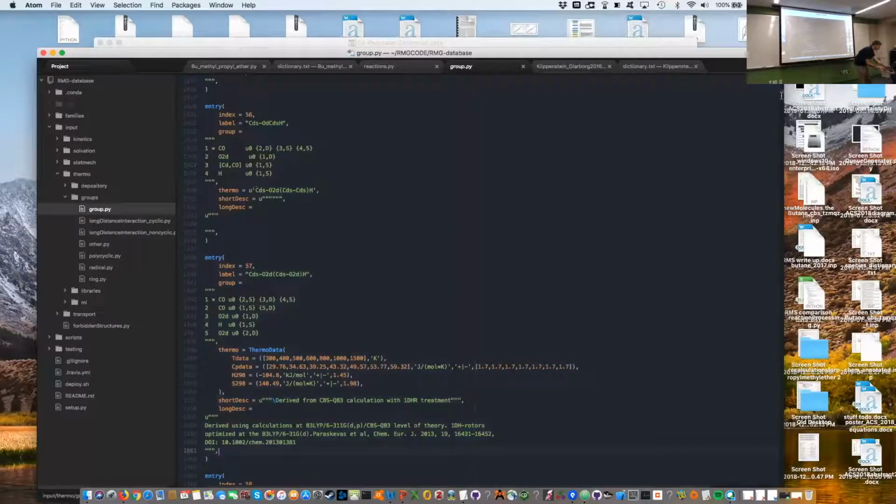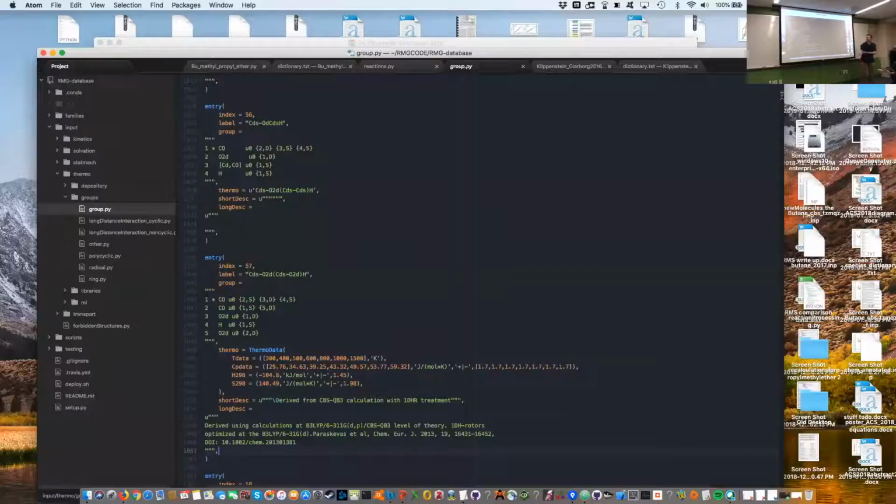And in particular, if you're working with a particular molecule and you have a particular functional group or structure on your molecule, in general, when you run RMG, I'll talk about this later in the next lecture, inside the output mechanism, for each species, it will have what all the groups are that contribute to your thermo.